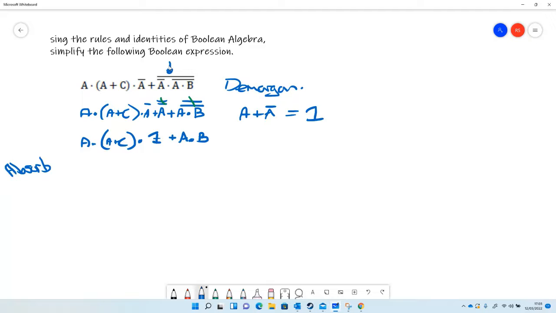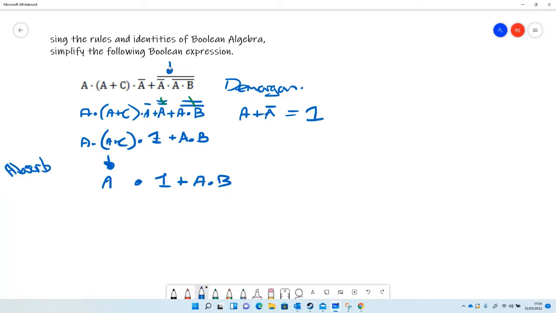So that means A and A or C would become, well, just A. So that's the absorption method. A and A or C becomes A. We've got and 1 or A and B.